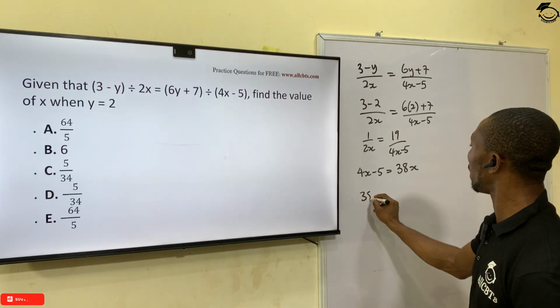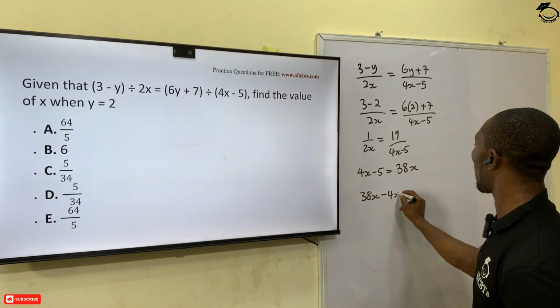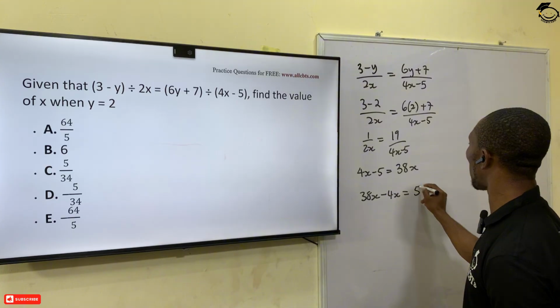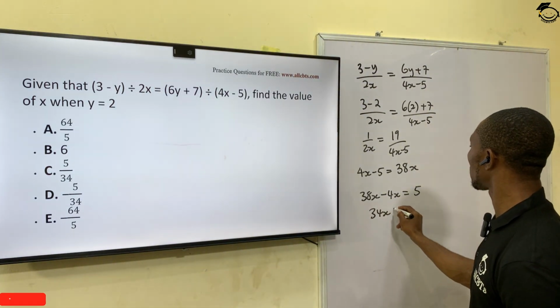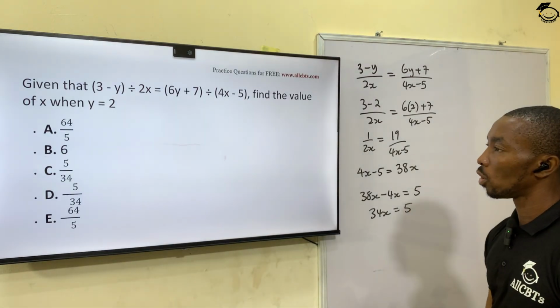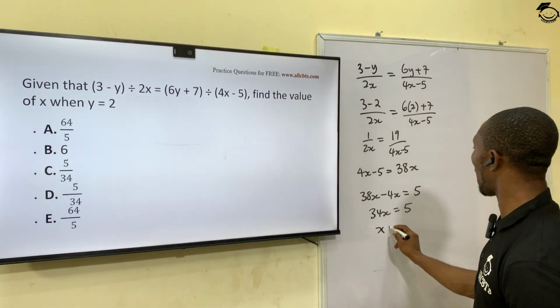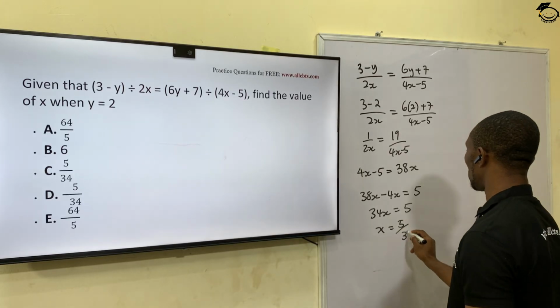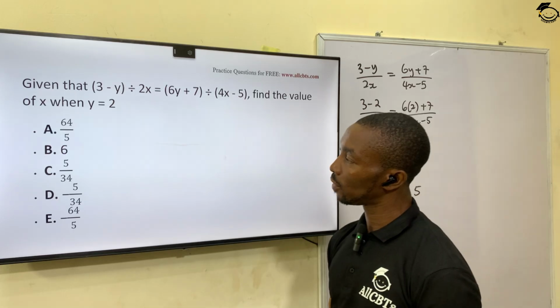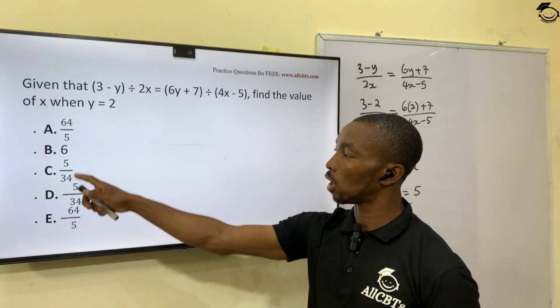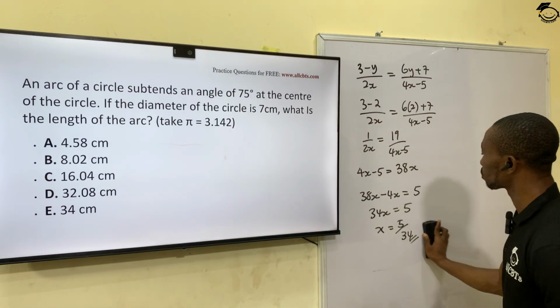This becomes 38x minus 4x equals 5. So here we get 34x equals 5, and x equals 5 over 34. So the value of x is 5 over 34, which is option C.